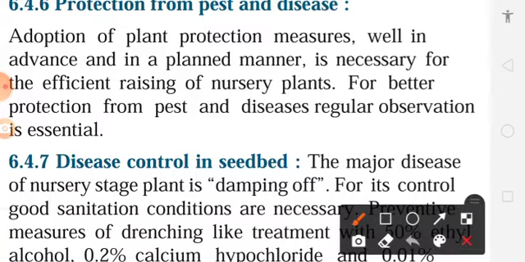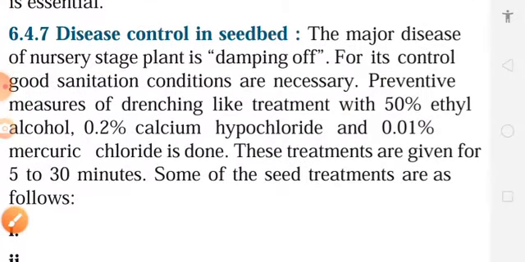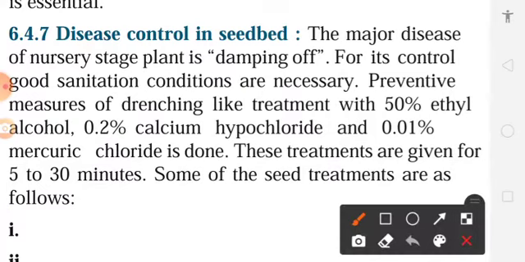In that case, we have to control the pests and diseases. Now, how to control diseases in the seed bed? That is important. Generally, in case of seed bed, damping off disease is caused in most of the plants, particularly fruit plant seedlings.